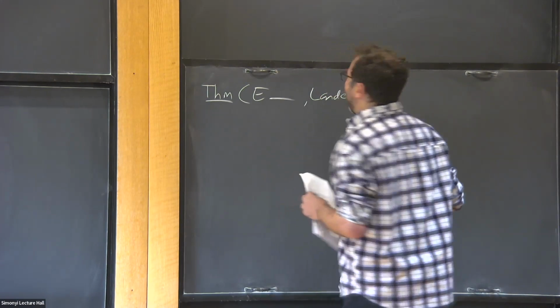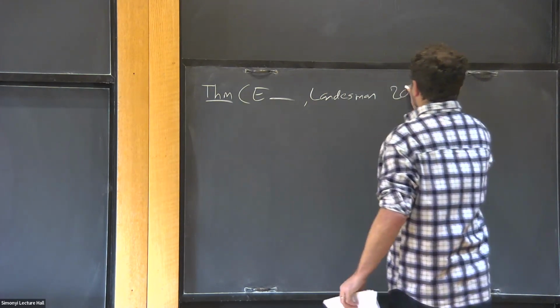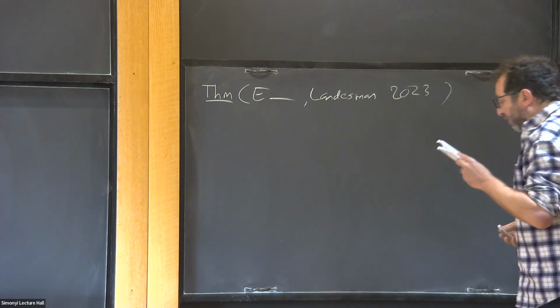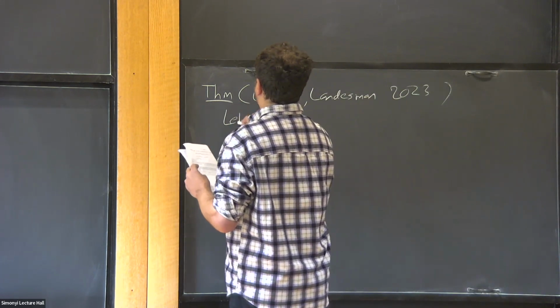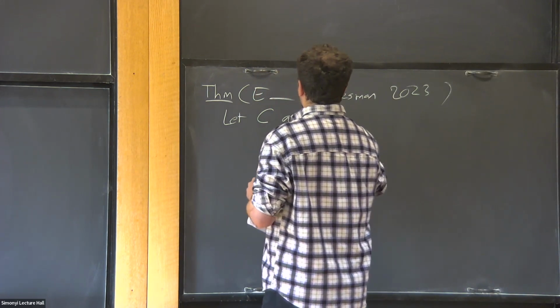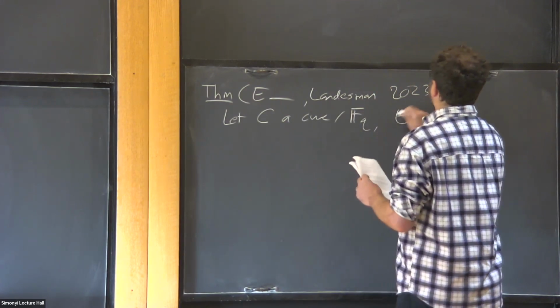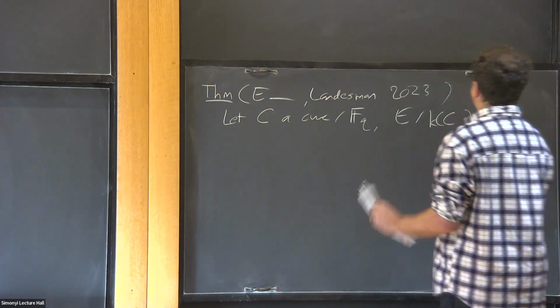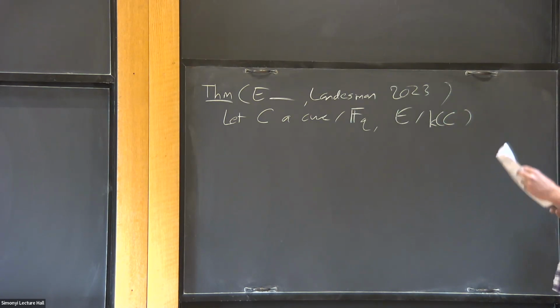And I'm not going to try to state the theorem in full. I'm going to state a consequence of it that gives the idea, from this paper we just posted a couple of weeks ago. Let C be a curve over some finite field. Let E be an elliptic curve over that function field.